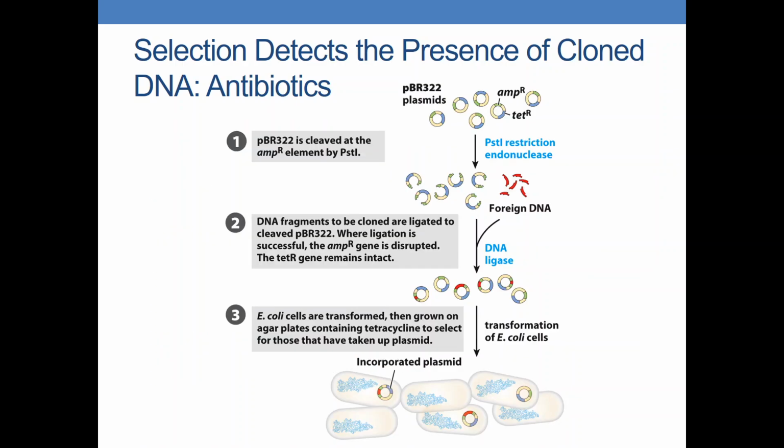The first approach that we are going to talk about here is that of using antibiotic pressure for selection. So the example that we are about to talk about is a pretty clever way to go about this.